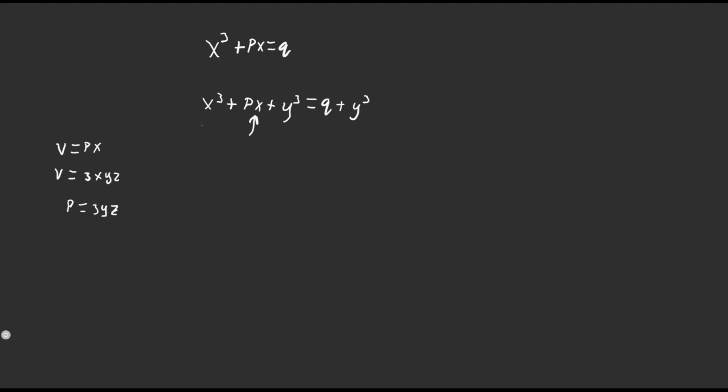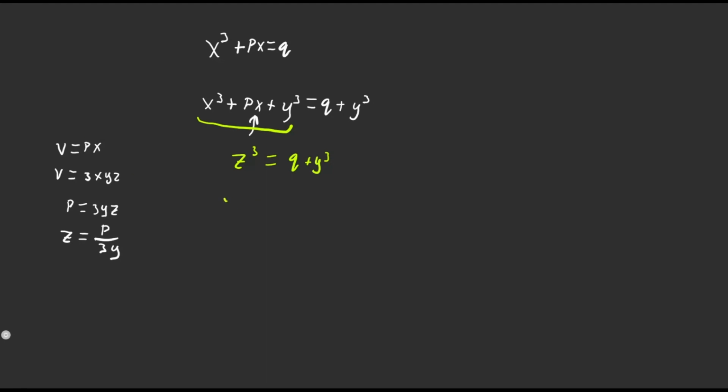And we could express the left-hand side as z, where we will get z cubed is equal to q plus y cubed. And we could either solve for z or y, but we will go ahead and get z by itself. And by doing so, we will get z is equal to p over 3y.